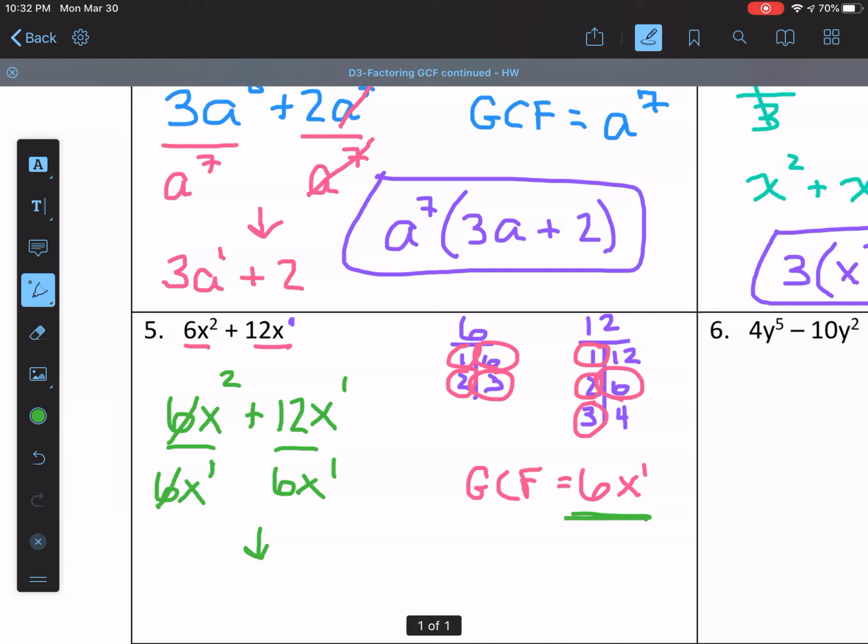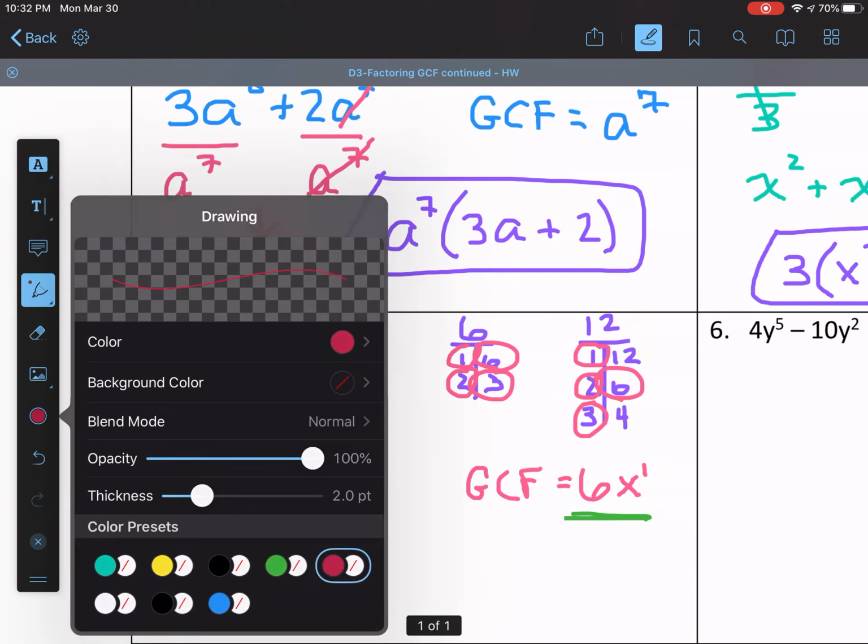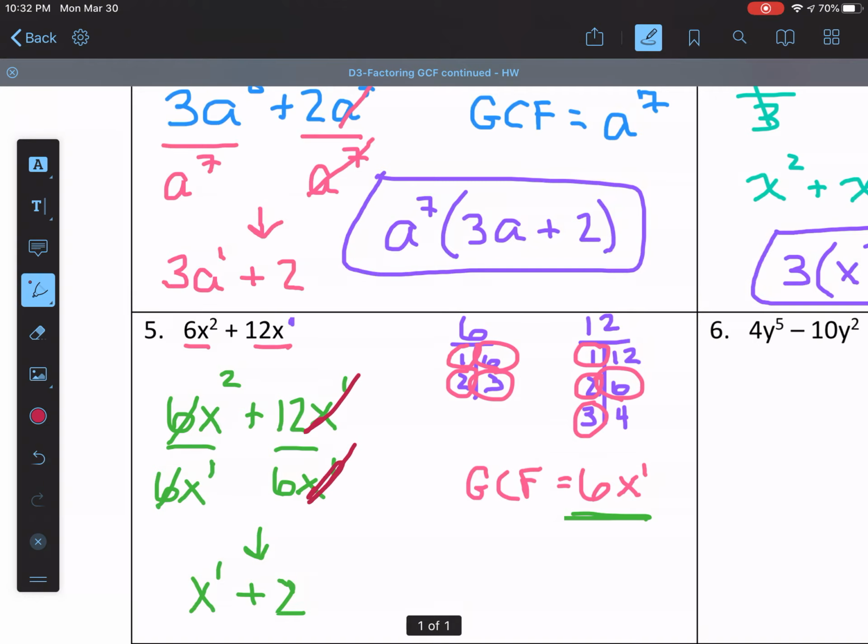And then x squared over x to the first, if we subtract our exponents, we're left with x to the first. Plus, now 12 divided by 6 is 2. And then the x to the first over x to the first, that's going to cancel out or simplify to 1. So the x guys there are gone.